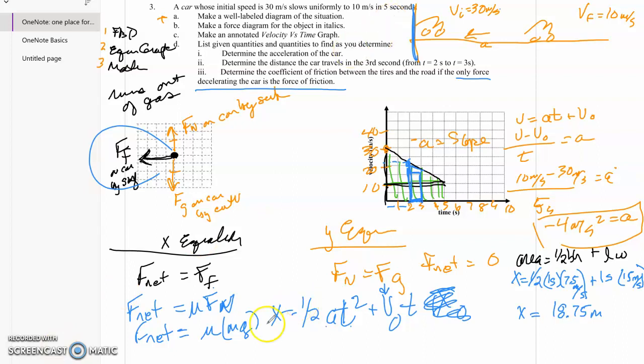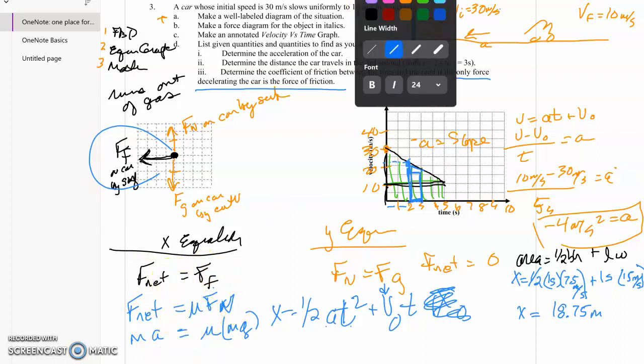Okay, and so what we know, here's what's interesting. F net also equals ma, right? So I'm just going to say, hey, F net equals ma also. So F net equals both of these things, mu force normal, since it's force friction, right, and ma. So here's what's interesting.